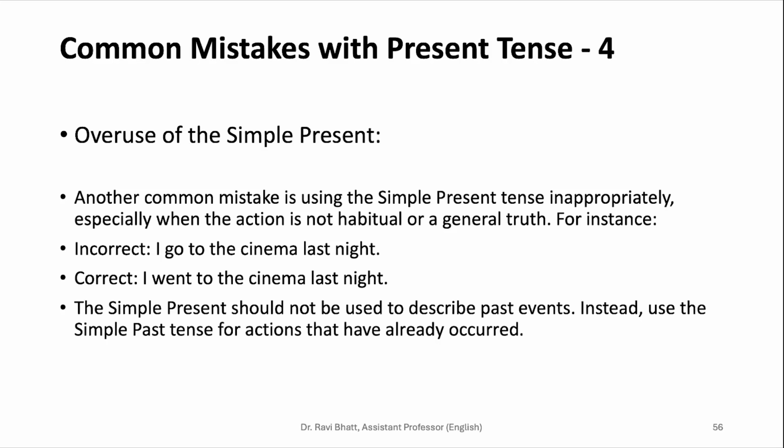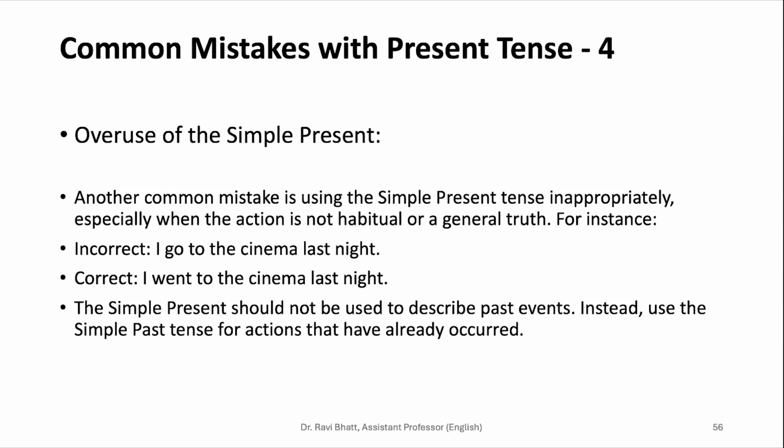For example, when you say I go to the cinema, you refer to an action that is habitual, so that is acceptable. However, when you say I go to the cinema last night, it was a past event that you're describing, so you will be using simple past tense: I went to the cinema last night.